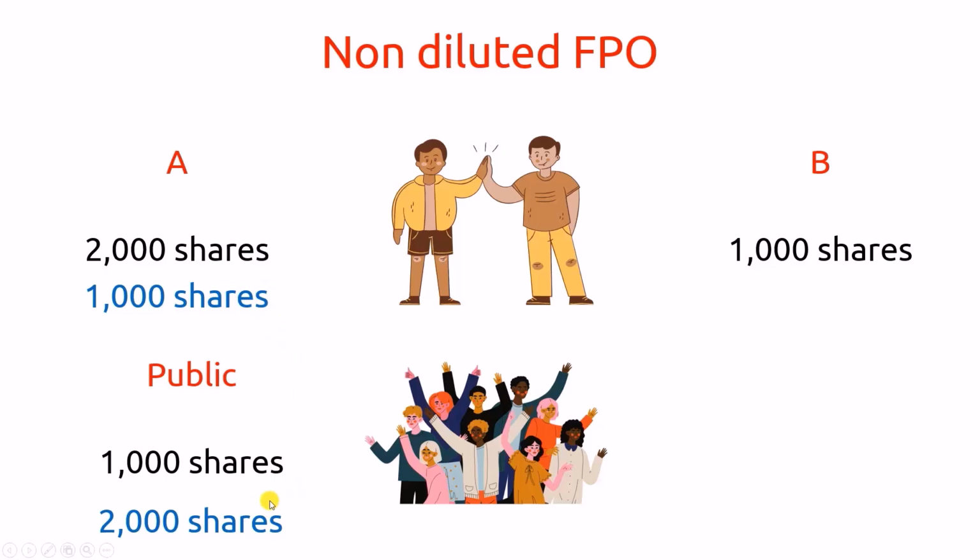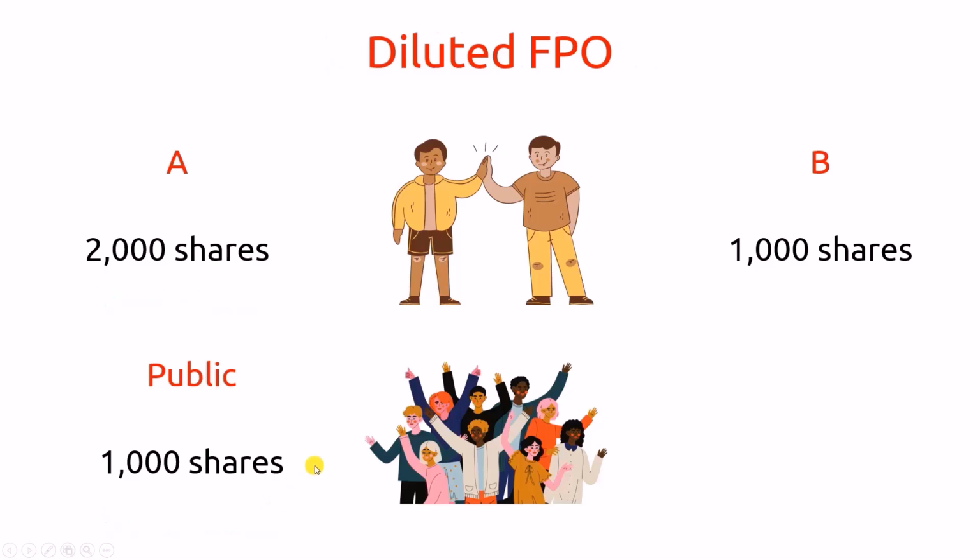Well, the company doesn't get money in this case. It is just that the public stakeholding will be increased. Public participation will be more in the company. That's all. All right. So if they want to generate money, they have to go for diluted FPO.